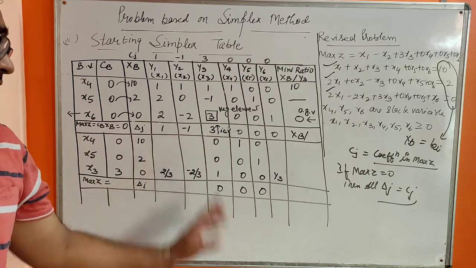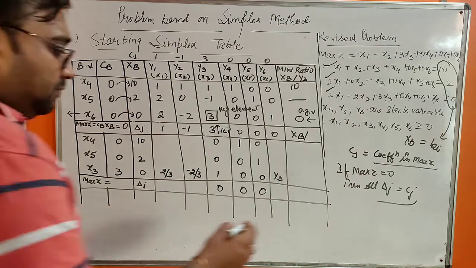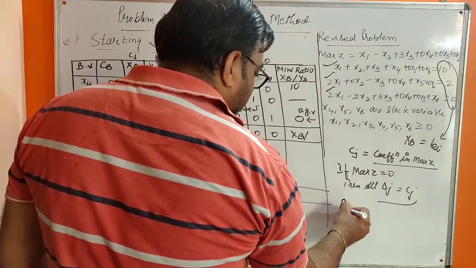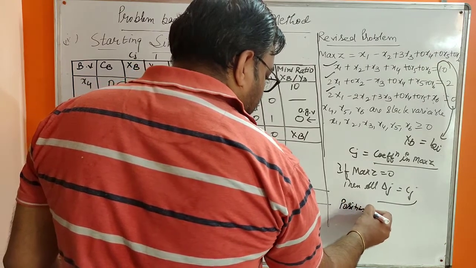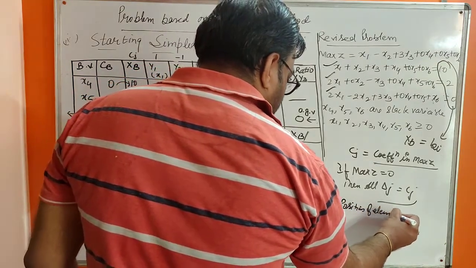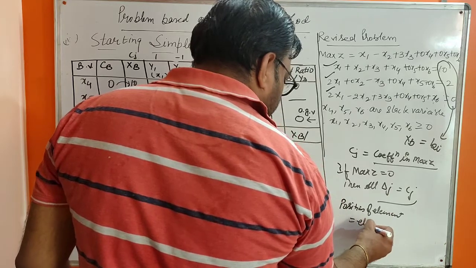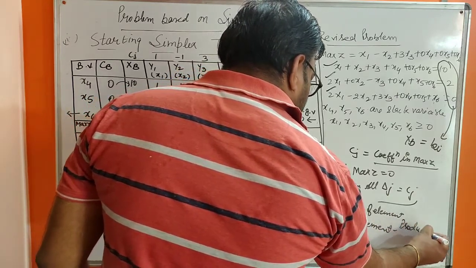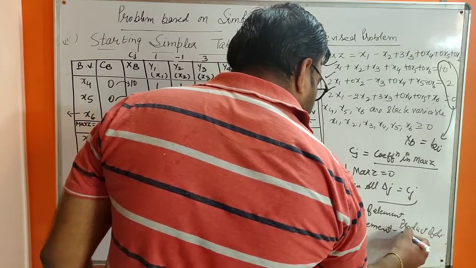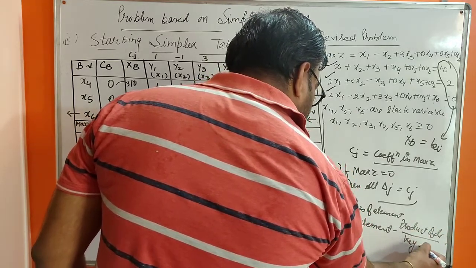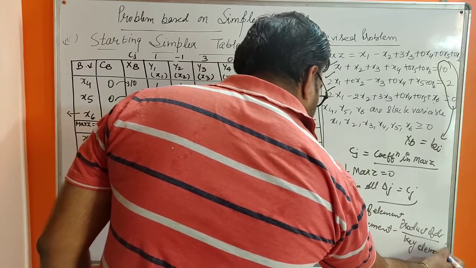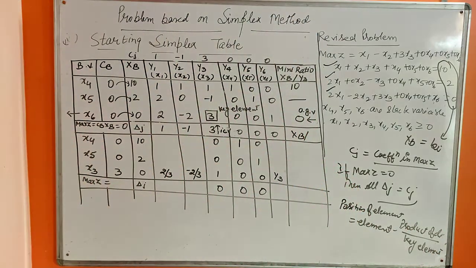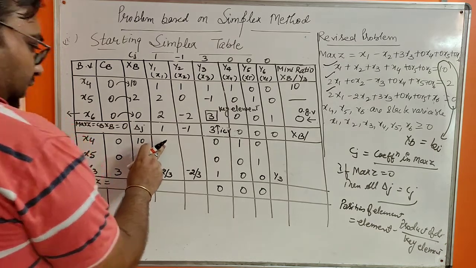The remaining elements can be found by the formula: position of element is equal to element minus product of diagonal upon key element. Let us see how. Now we have to find this particular element.